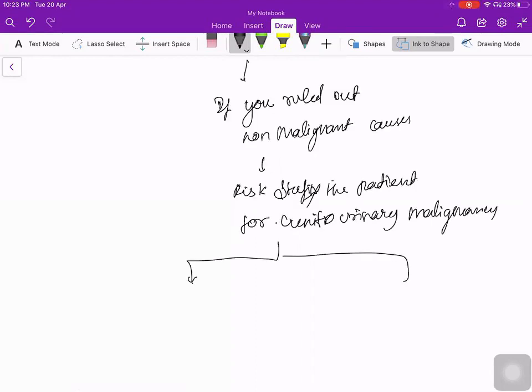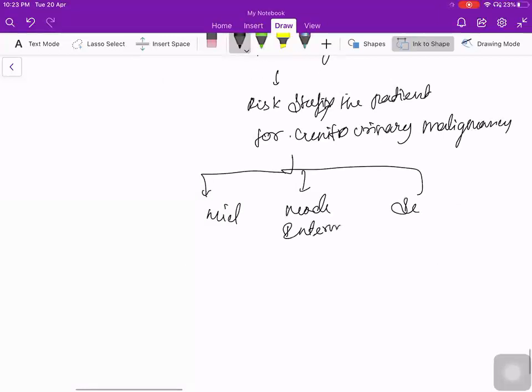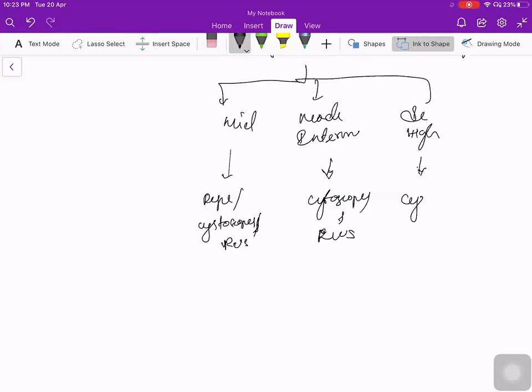Overall it is mild, intermediate, or high risk. For mild, we have to do repeat urine analysis or imaging, that is cystoscopy or renal ultrasound. For high risk patients, we have to go for cystoscopy with CT urography.